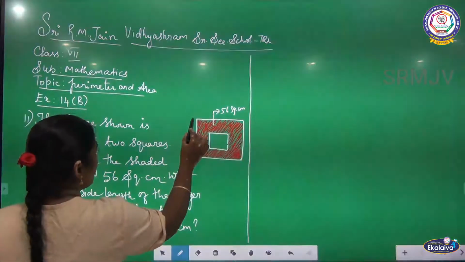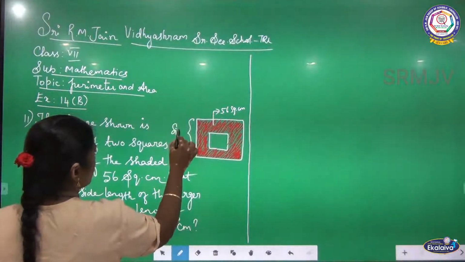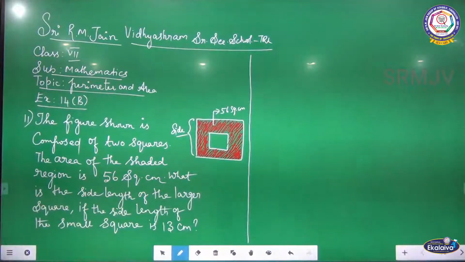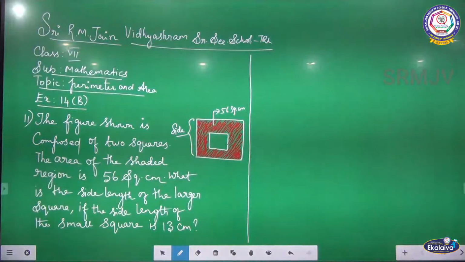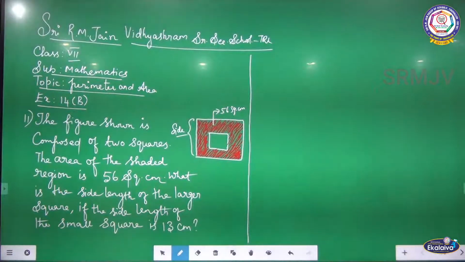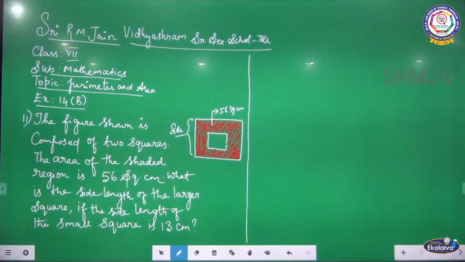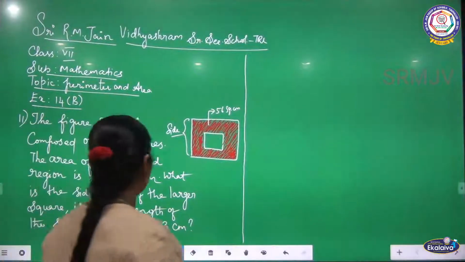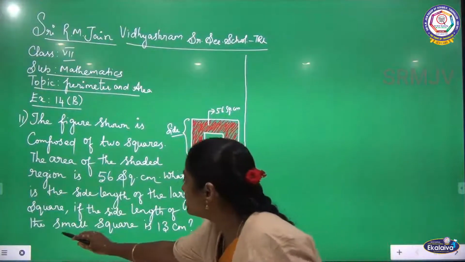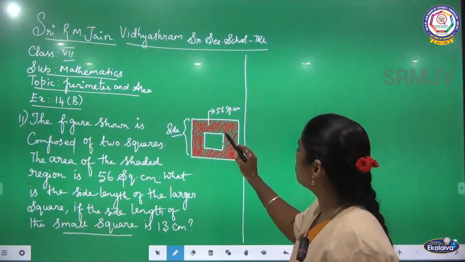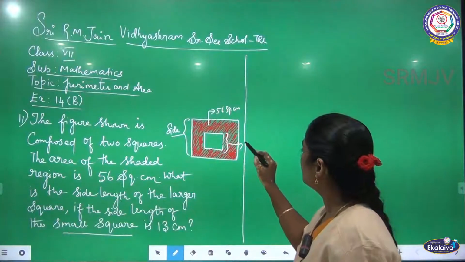I am going to find out the side. Got it? Listen. If the side length of the small square is 13 centimeter, they are given the small square length, which is 13 centimeter.